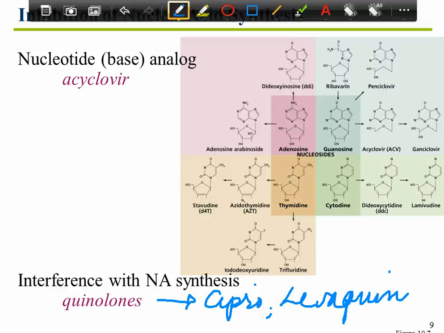That uncoiling of the supercoiled DNA requires an enzyme called gyrase, G-Y-R-A-S-E, and the quinolones block that enzyme. So the DNA can't be uncoiled, it can't be replicated, the cell can't replicate.